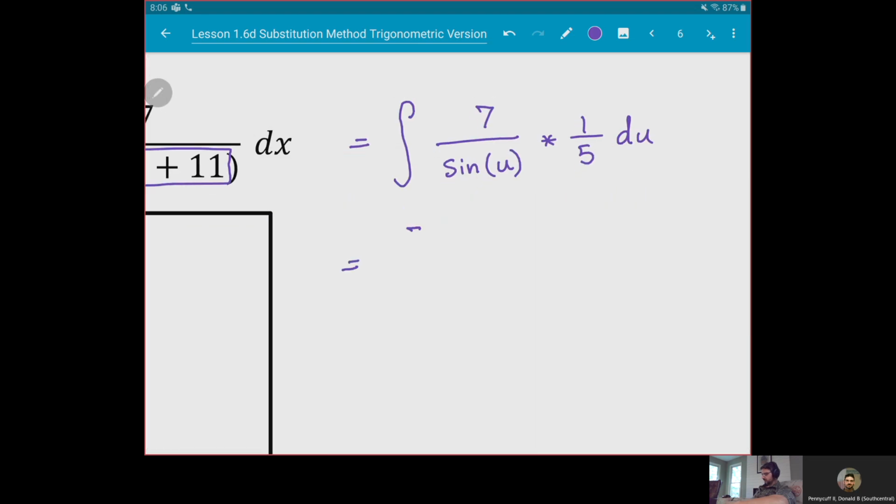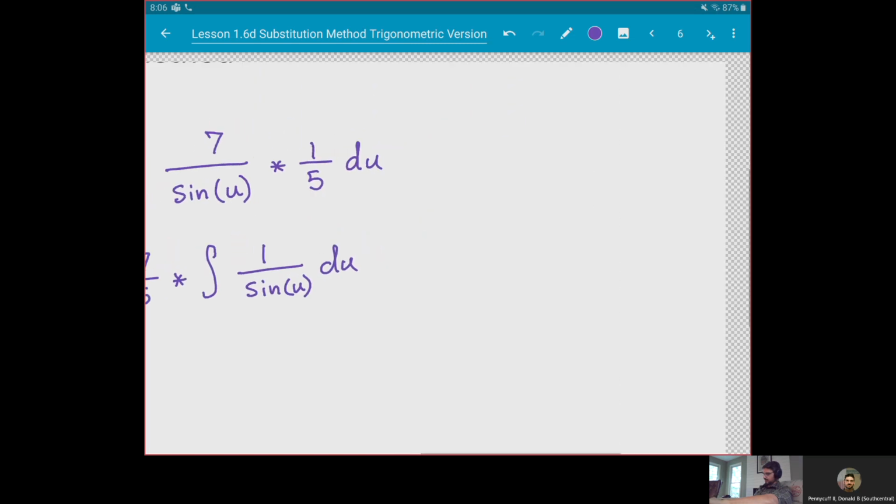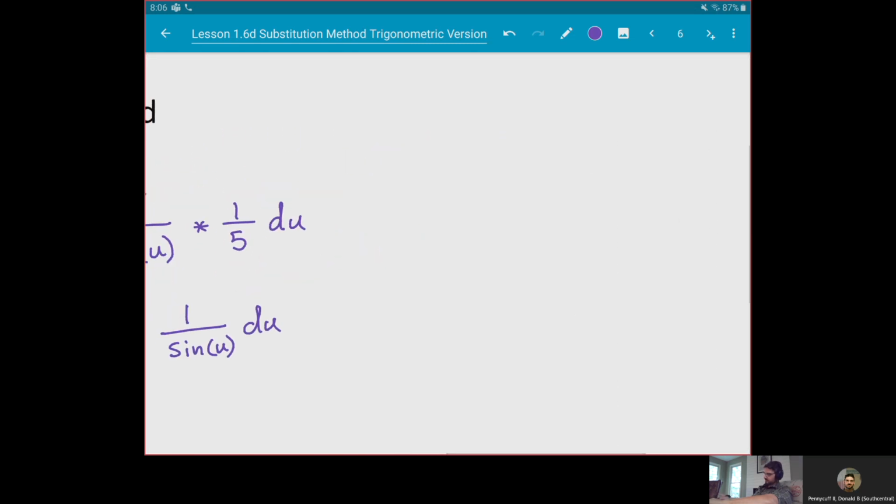So that is 7/5 times the integral of 1 over sine u du. Okay, so there's a couple things going on to finish out this problem. The first thing is that there is no way to take the integral of 1 over a trig function. So what we have to do is we have to deal with that.